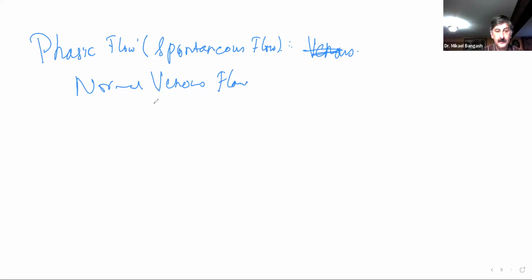Now, what we already had said is that by the time that blood reaches the veins, they have a very low velocity, or very low speed. Clear? Primarily because the main reason that blood moved at the speed that it did in the arteries was mainly due to the push that it got from the heart. That makes sense?